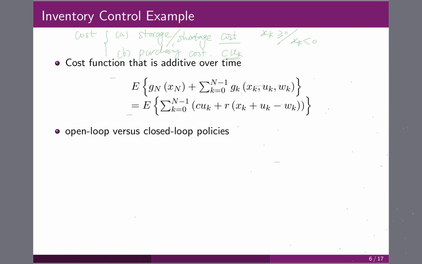You ordered uk quantity of items, so this is the unit price times uk. The unit price is c, okay? This c is the unit price. This is the cost. So in total, this defines the cost here, gk.